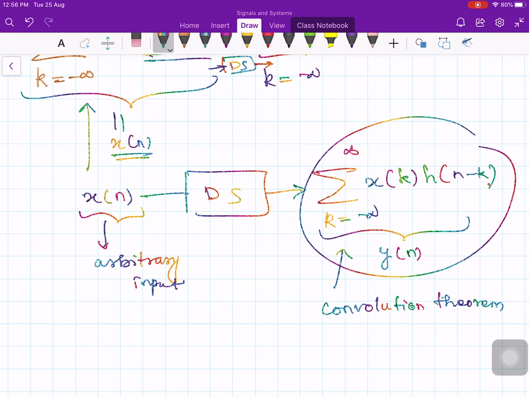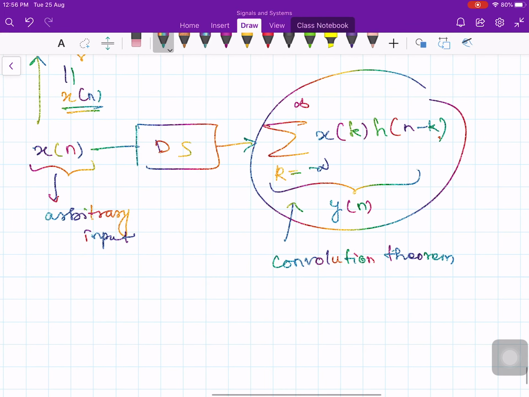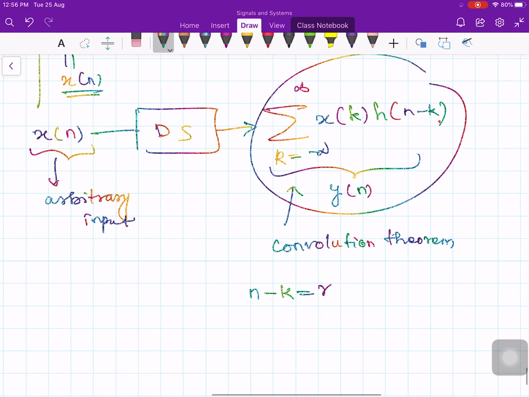Now, by simple manipulations, by putting n minus k equal to r in the above expression, one can easily show that this will be equal to the summation of x of n minus k and h of k, where again k goes from minus infinity to plus infinity.